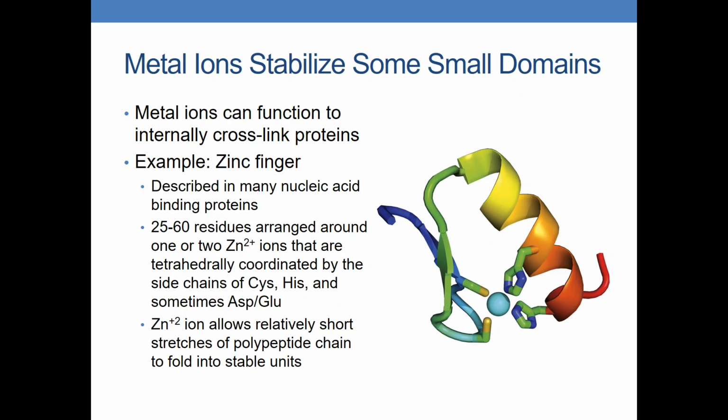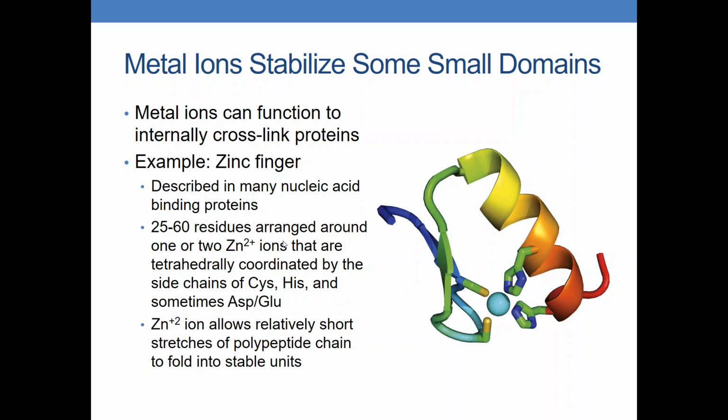So the example I'm going to give you here is the zinc finger. Zinc finger domains are very common in nucleic acid binding proteins. They're really very common and support the structure that is needed to bind DNAs and RNAs.